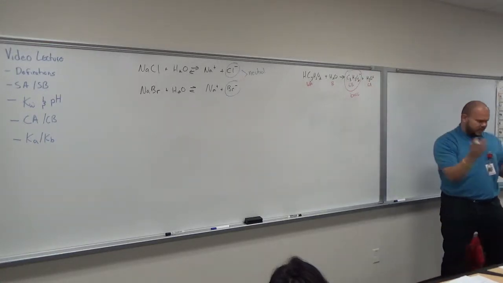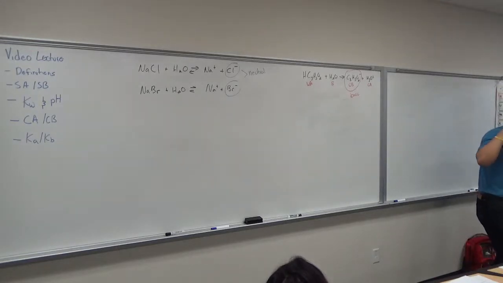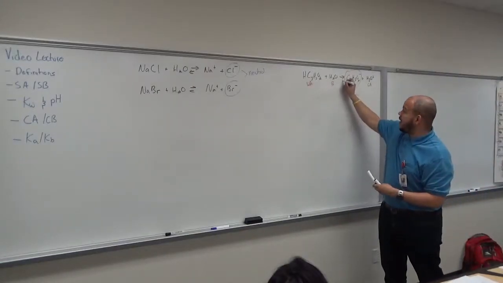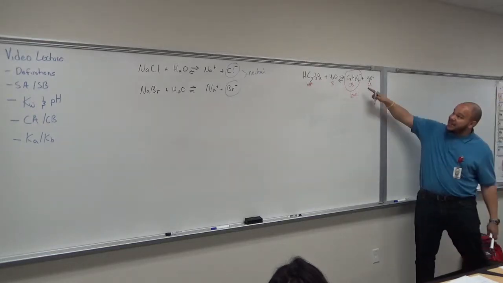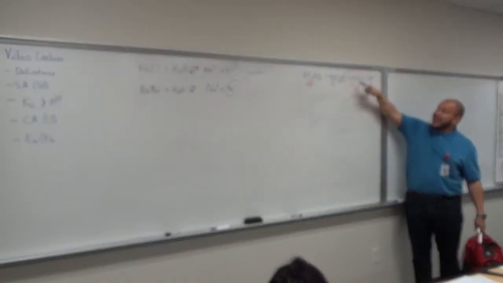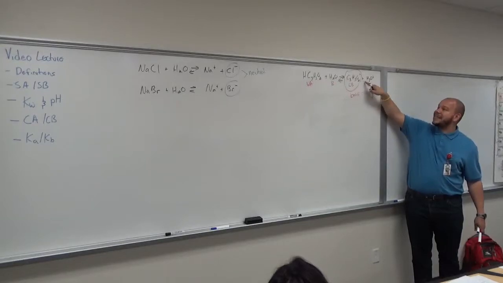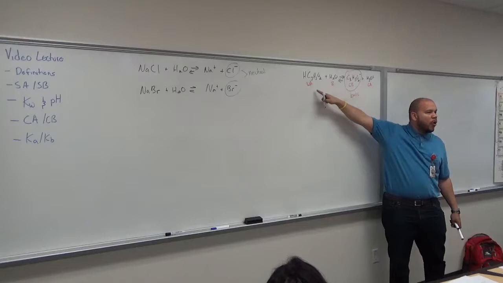Now, why is that? And this is where foundational understanding of equilibrium has to come into play. If equilibrium says that there is a reverse and a forward reaction occurring at the same time, that means that there is an amount of your conjugate that is interacting with hydronium to reform your acid.